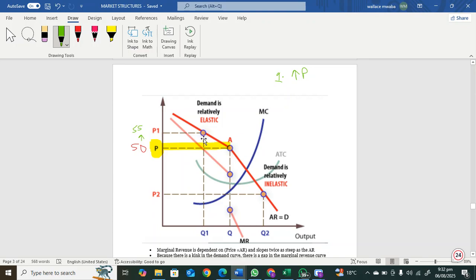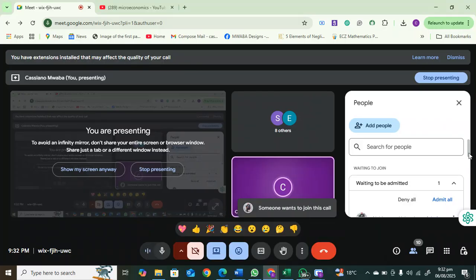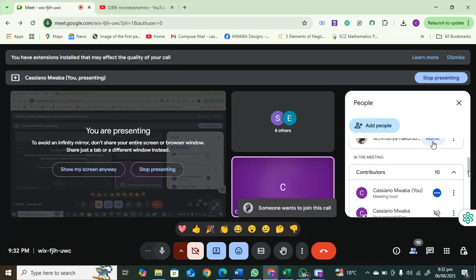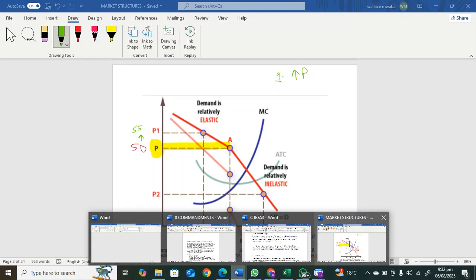So what this means is the demand for firm one's goods is going to become elastic. Colleagues, what does elastic demand mean? What is elastic demand?